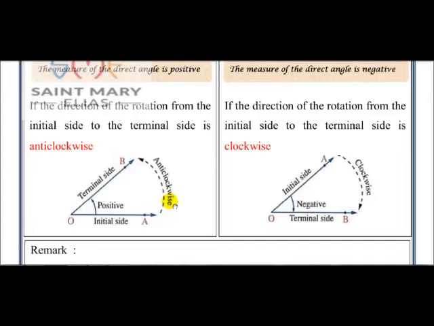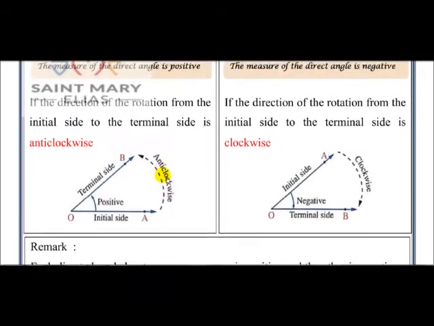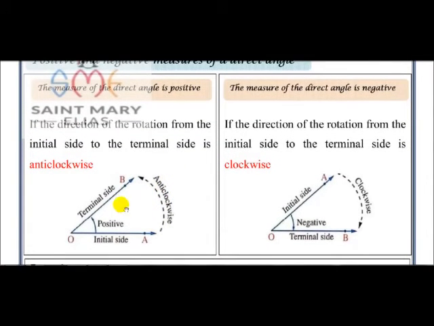Let us see what is positive and what is negative. In my directed angle here, do you see this is the initial side? My angle rotates in this direction, as my arrow shows, and this is the terminal side. It starts from the initial, rotates, then this is the terminal.